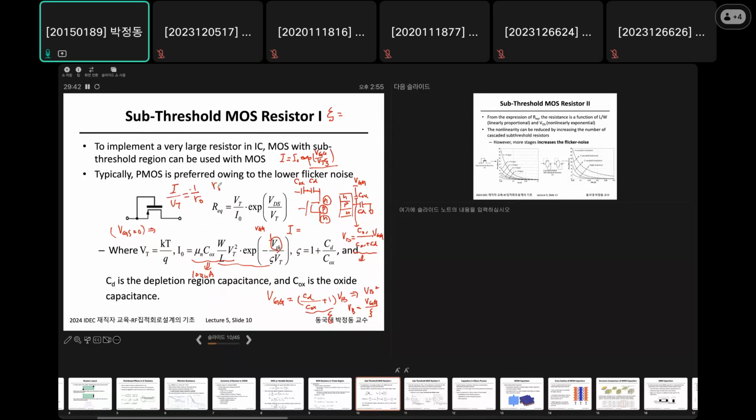So R is R diode; R diode is I divided by VT. Of course, if you apply VDS, since this is connected together, it is just acting like a single diode.